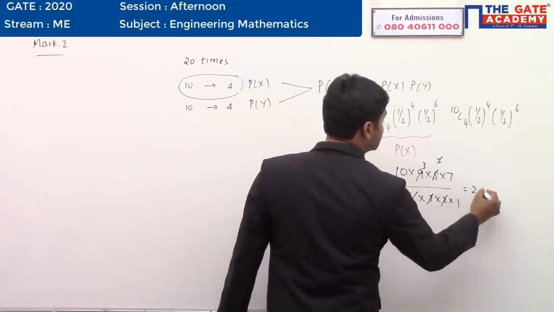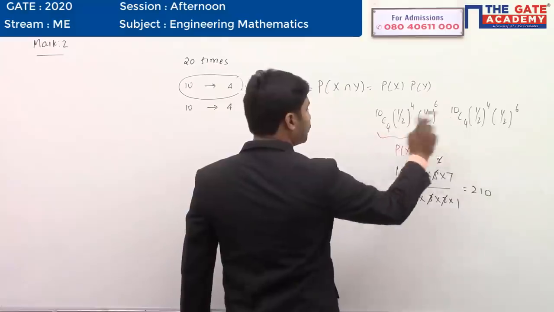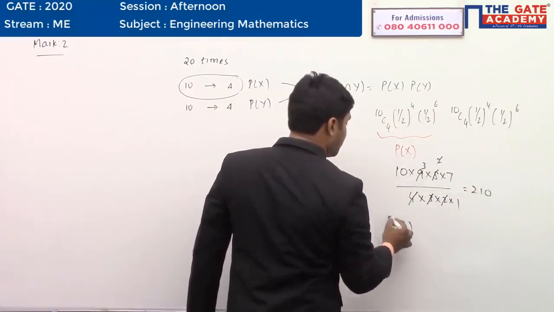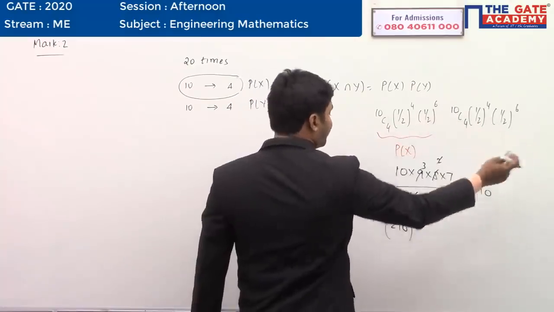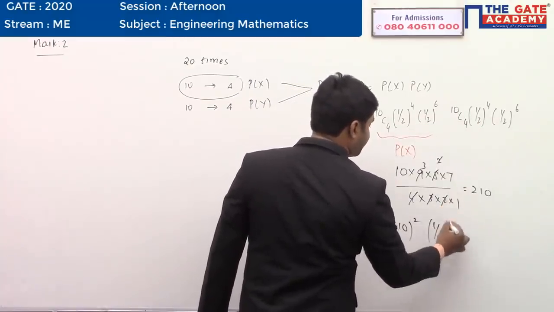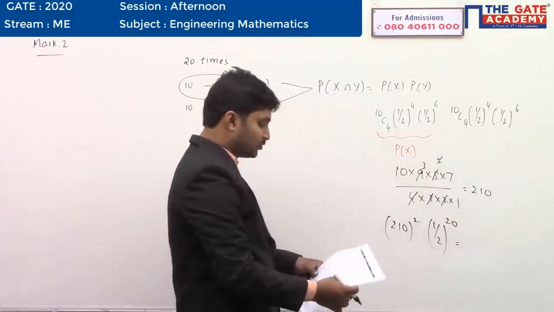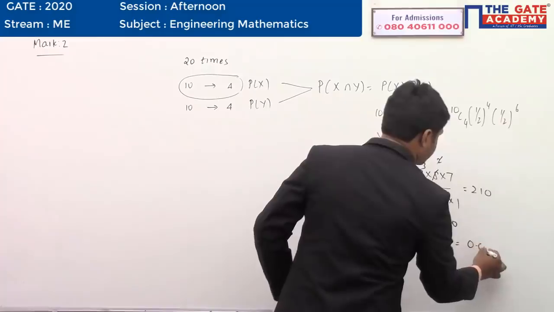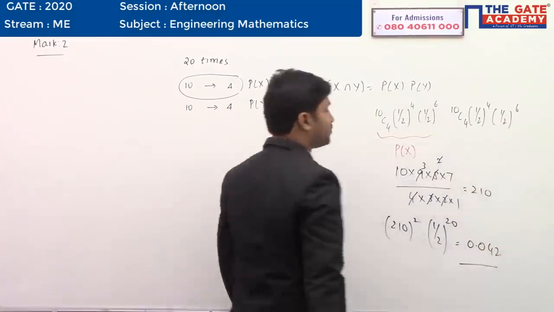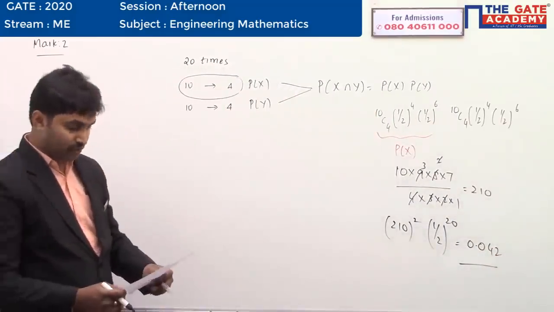It means this value is 210. So it is squared, 210 power 2, and here you have (1/2)^10 times (1/2)^10, which is (1/2)^20. If you calculate this value, it will be equal to 0.042.